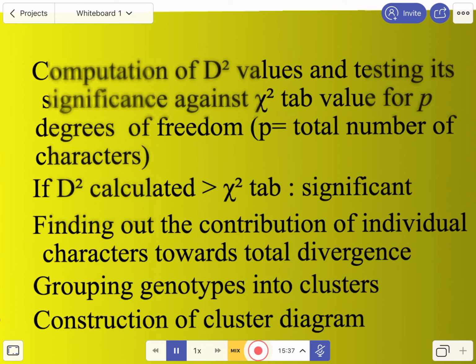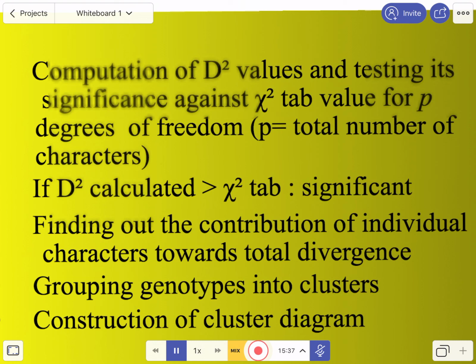In testing of significance, the D-square value is tested against the tabulated value of chi-square, where P is the degree of freedom, or P equals the total number of characters under study. If the calculated value of D-square is higher than the chi-square tabulated value, then it is considered significant, and vice versa.